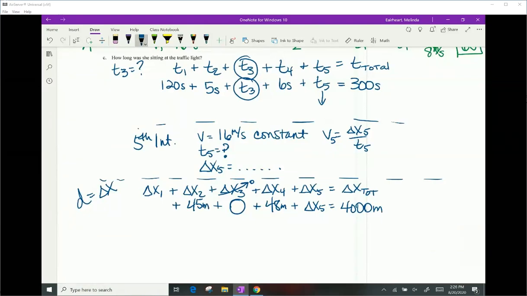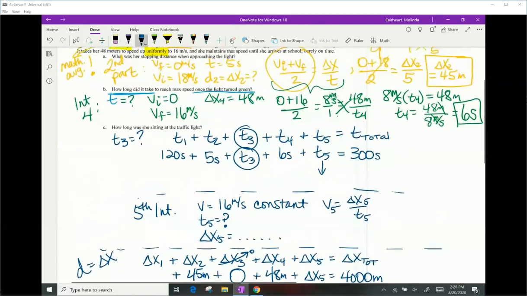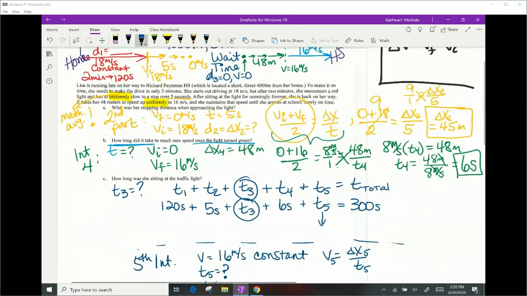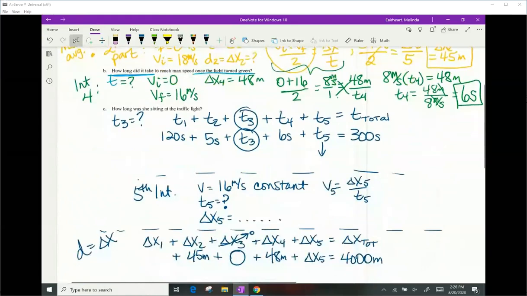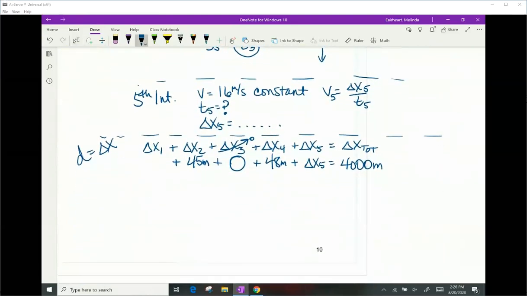And the first, it says in our picture, we knew the velocity and it was constant, and we knew the time. We weren't given a distance. So for the first interval, we know the velocity was 18, and it's equal to that displacement in the first divided by time of the first.